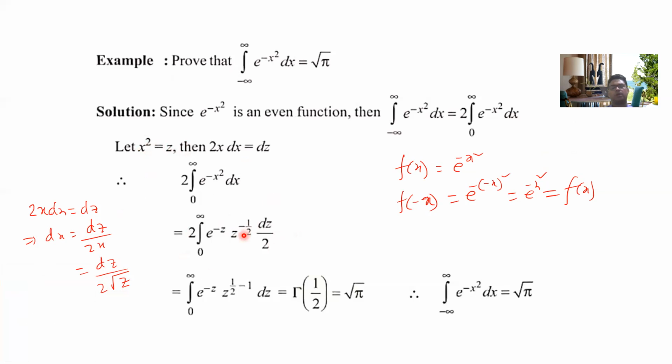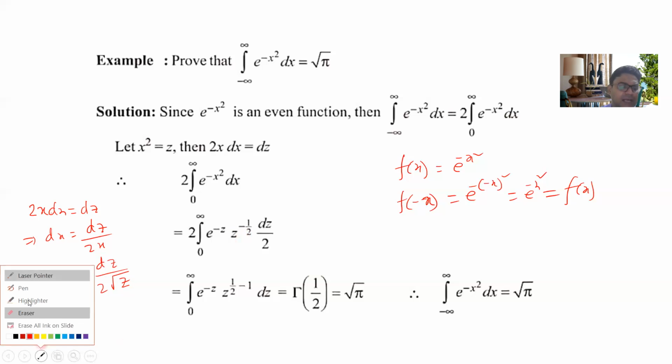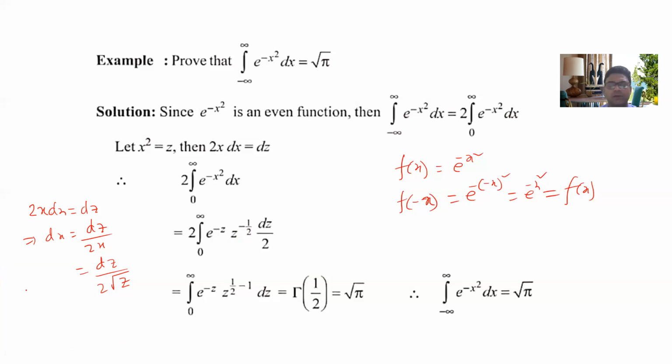Now same way, we have z to the power minus half. What is our target? Target is to express n minus 1. So you may write n minus 1 is equal to minus half, so n is equal to 1 minus half, which is half.